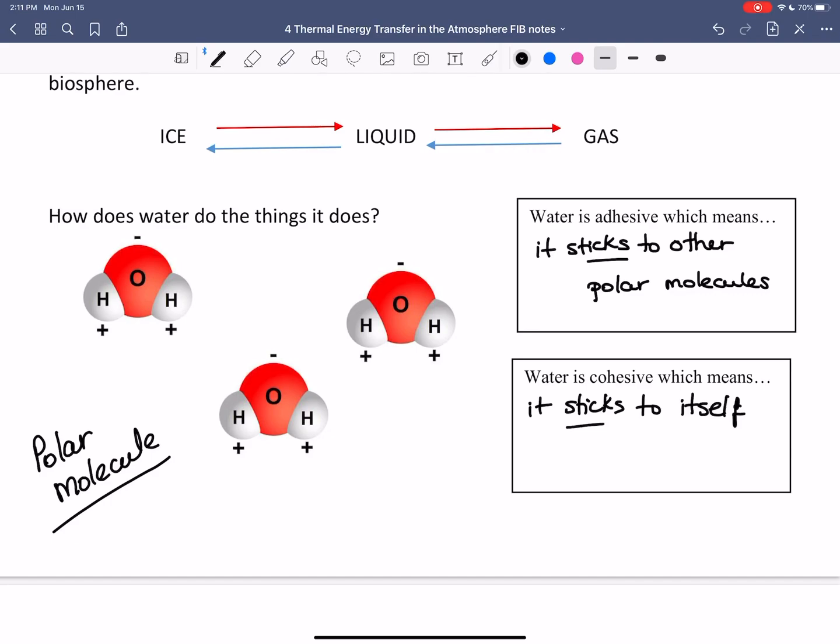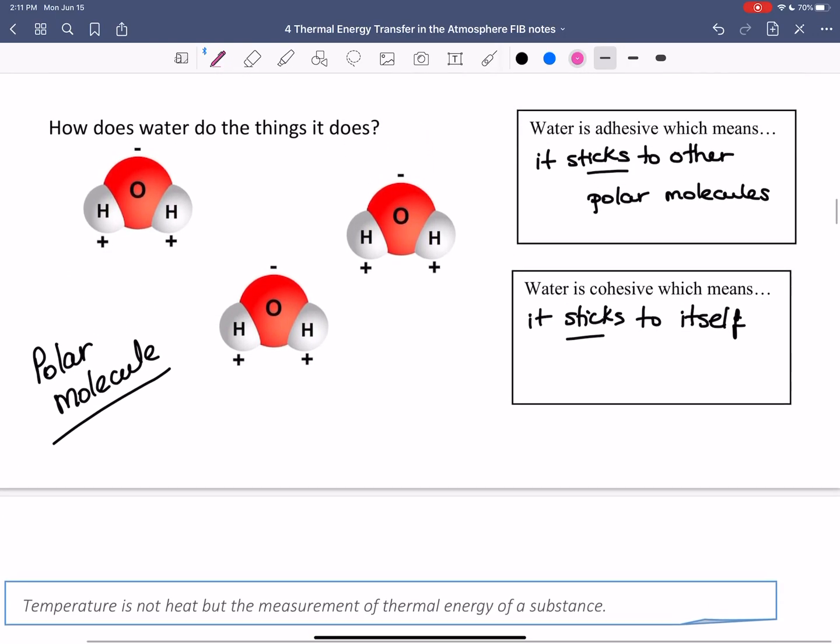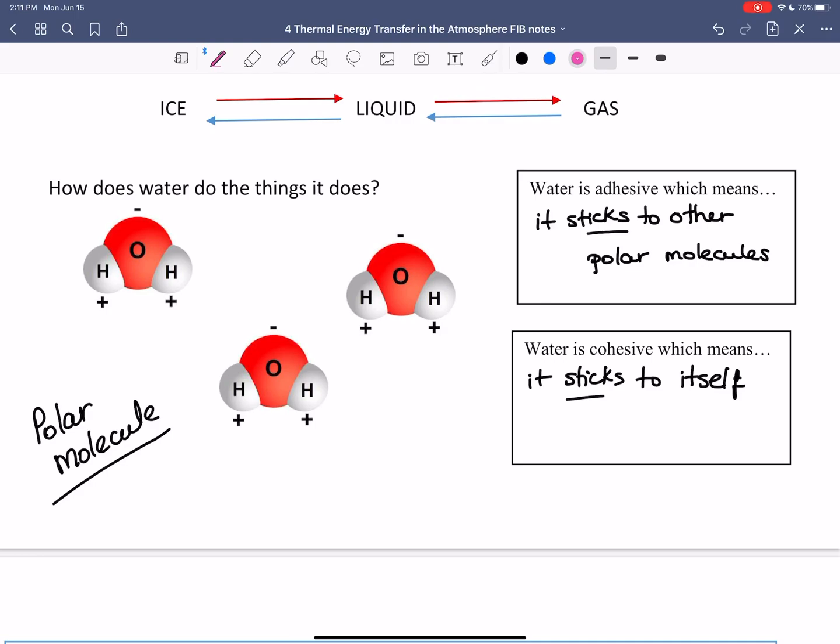Okay, so if I were to draw a hydrogen bond, a hydrogen bond is a bond that forms between a hydrogen and either nitrogen, oxygen, or fluorine. And it's not an actual bond like these guys right here, which are known as covalent bonds. So if I draw an oxygen and two hydrogens, this is a covalent bond, a bond within the molecule of water.